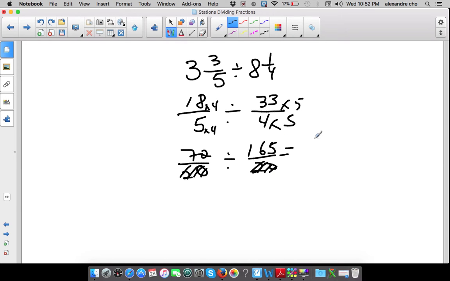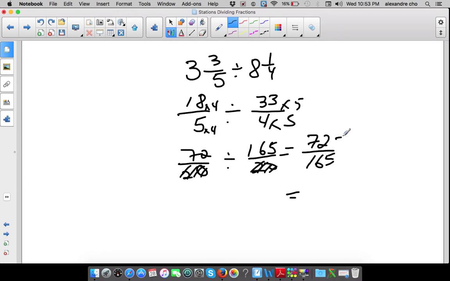If you're more comfortable, write this down as a fraction first, 72 over 165. And if you can simplify, go ahead. Yes, you can. Let's see, 7 and 2 is 9, so it's divisible by 3. At the bottom, 1, 6, and 5 is 12, so that's divisible by 3.